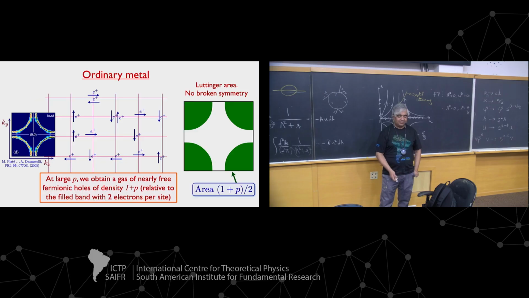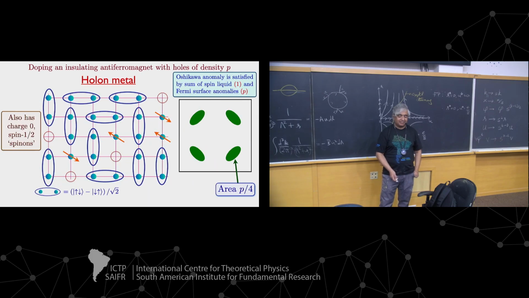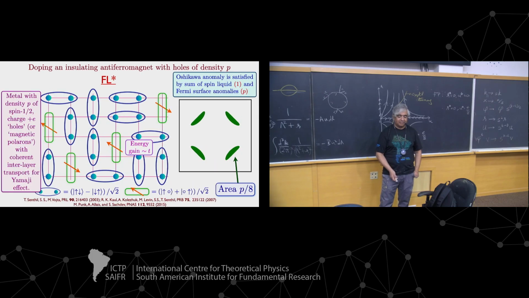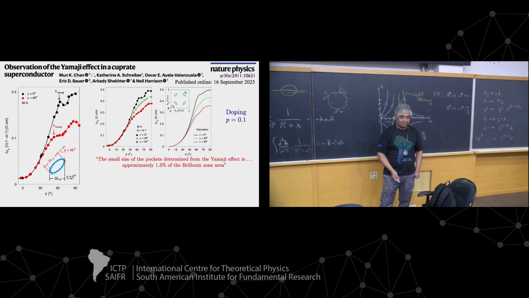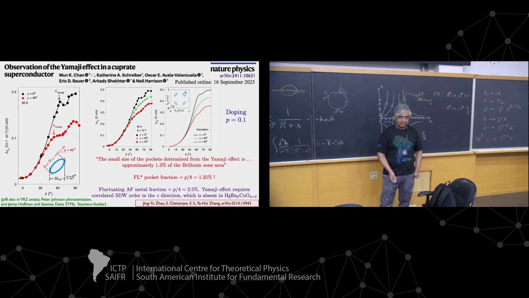Anyway, of course, when I learned about this paper, I did a very, very simple computation. I said, okay, what is p over 8? 1.25%. What is p over 4, which would come in the spin density wave or the other states? It's 2.5%.